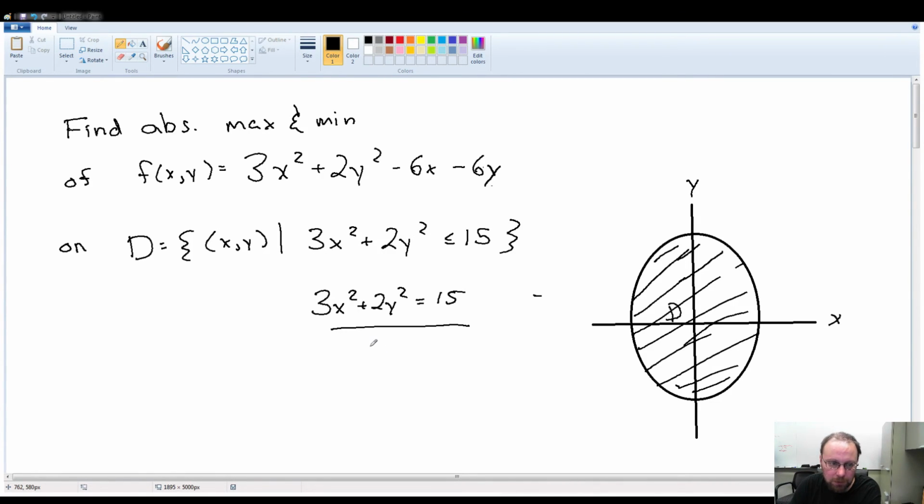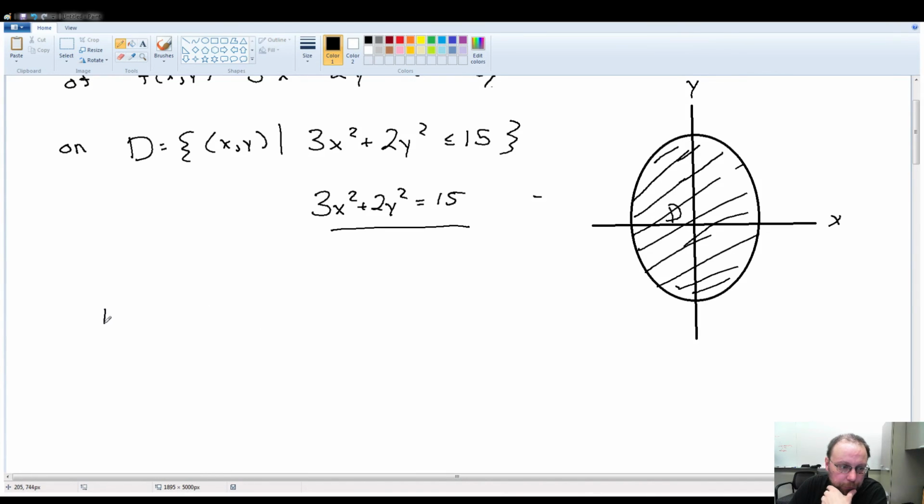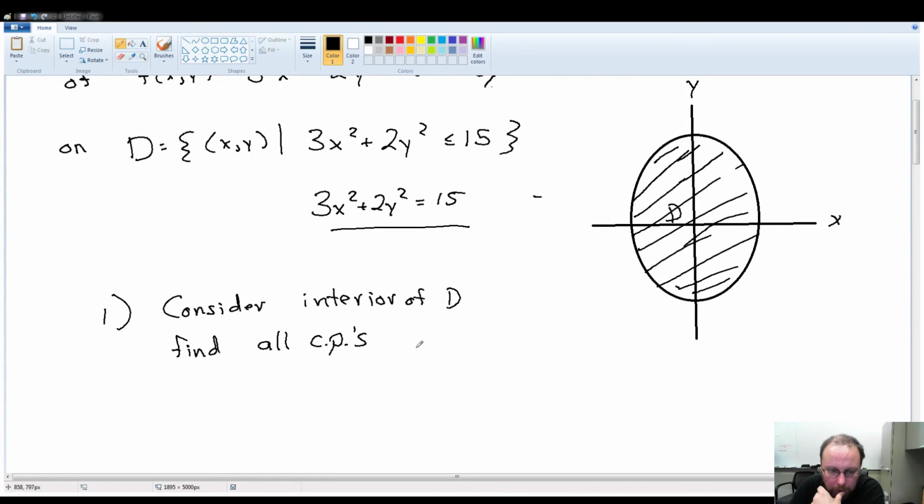So what we want to do here is first consider the interior of D and find all critical points in the interior.